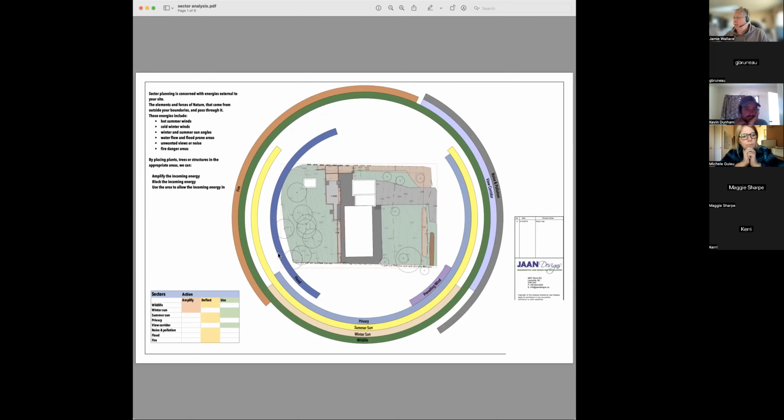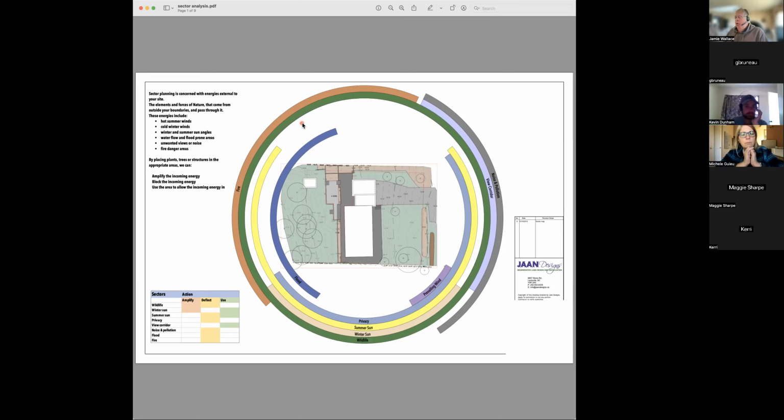There's the base plan in the middle, and on our base plan we have existing trees, we have contour lines, we have the house and hard surface, and then we have these sectors around it. And on this particular job, this was actually quite an important step for us, as it always is.